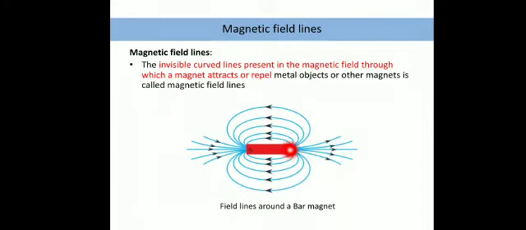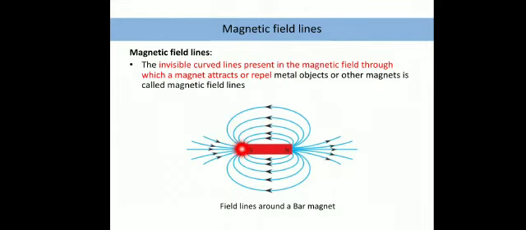If you see the direction, they move from north pole to south pole. All the magnetic lines of force, the magnetic field lines, always start from the north pole and move towards the south pole. But they also form a closed loop, like a circle, a closed path like an oval shape here.